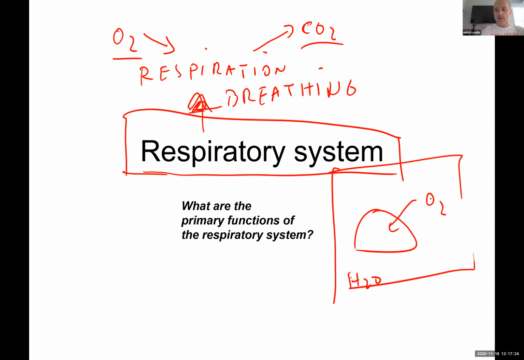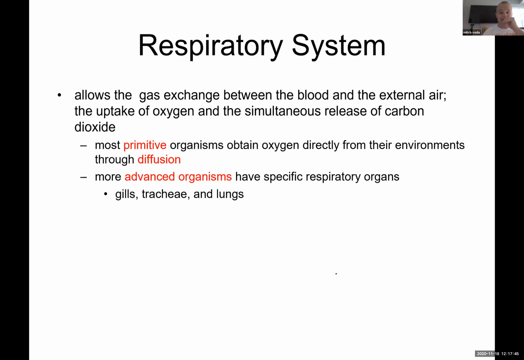You take in the oxygen that is dissolved in the water and use it, and the bacteria eliminates the carbon dioxide through this process called diffusion, or simple diffusion.